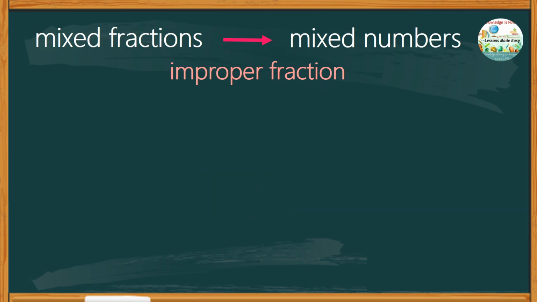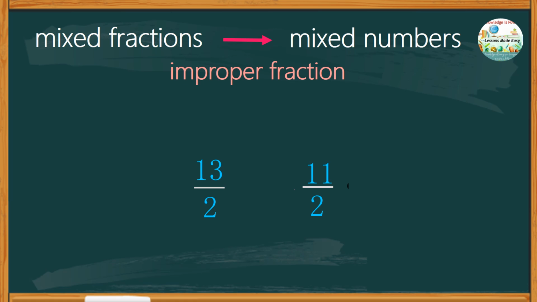Let's try another one. Compare 13 over 2 with 5 and 1/2. Change the mixed number first to improper fraction. That is 5 times 2 plus 1, which makes 11, and keep the same denominator of 2.